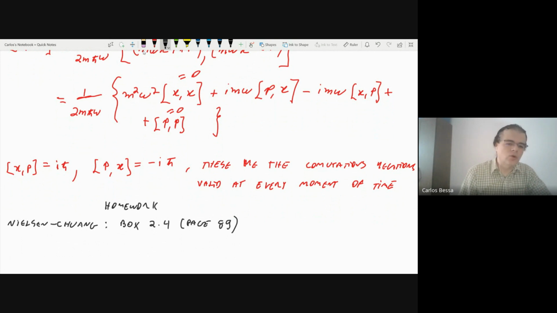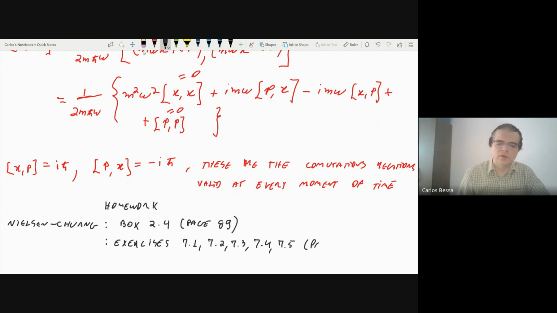And other homework, in the same book, the exercises 7.1, 7.2, 7.3, 7.4, and 7.5. I have the page here.